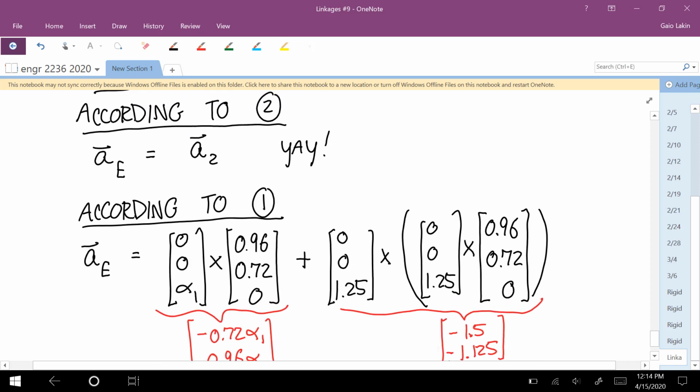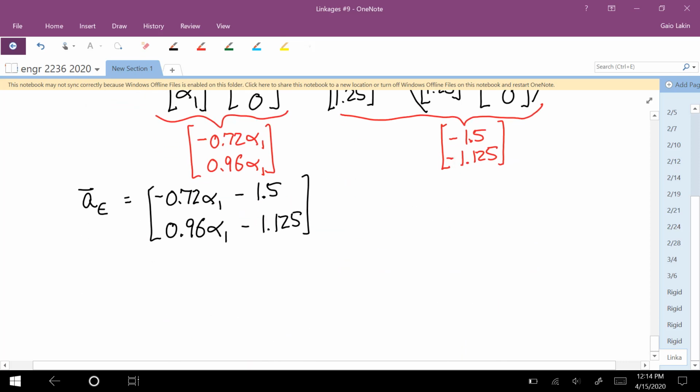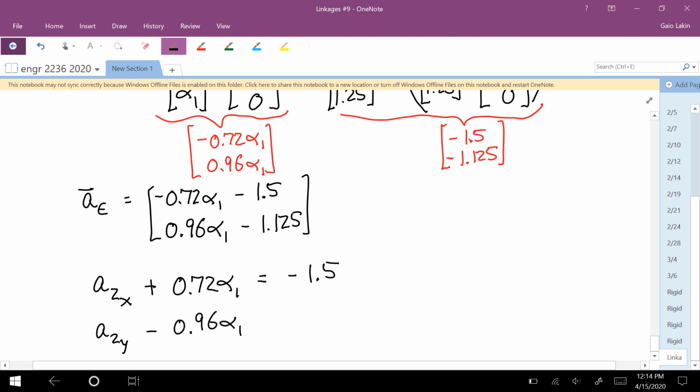And so the constraint equations say A2x plus 0.72 alpha 1 is equal to negative 1.5, and A2y minus 0.96 alpha 1 is equal to negative 1.125.